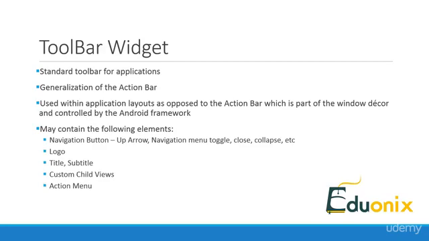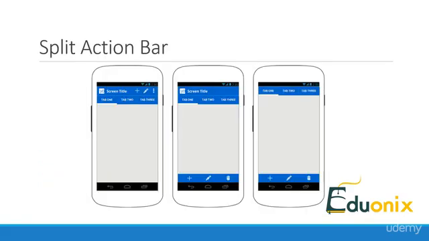One or more custom child views, and an action menu similar to the action items and menus presented in the action bar. Split action bars can provide a separate bar at the bottom of the screen to display action items when the activity is running on a narrow screen, as we see here.